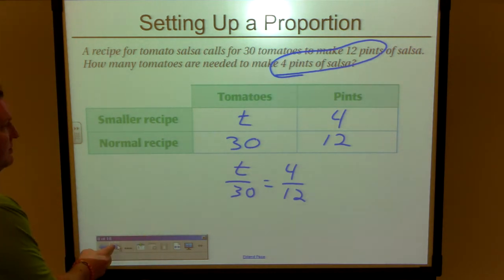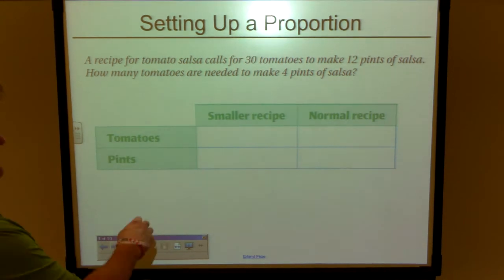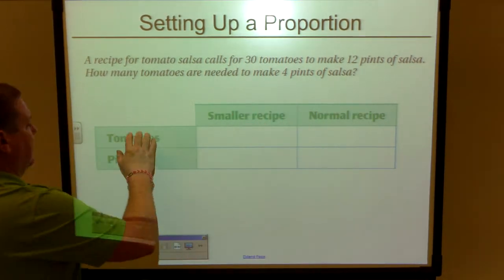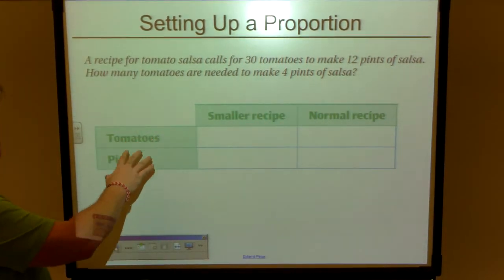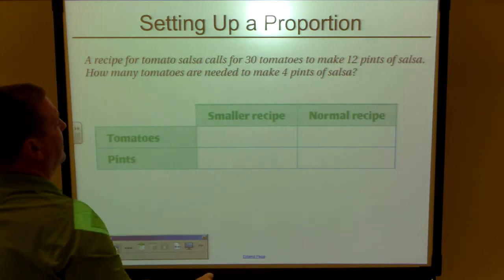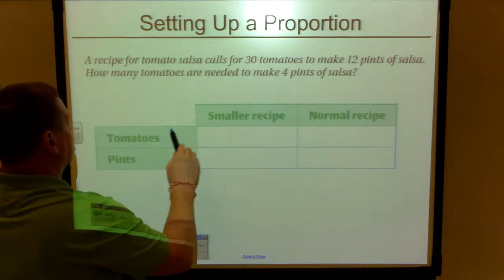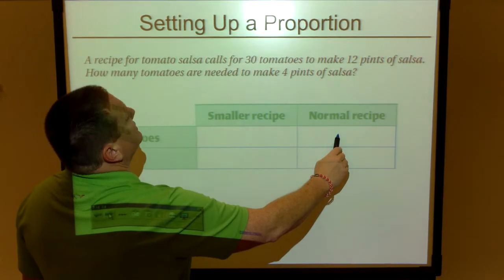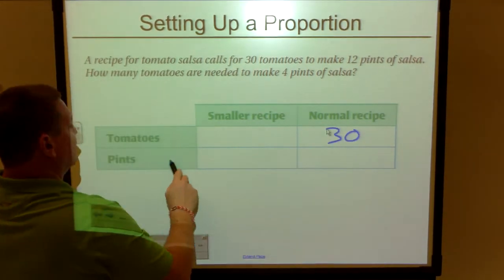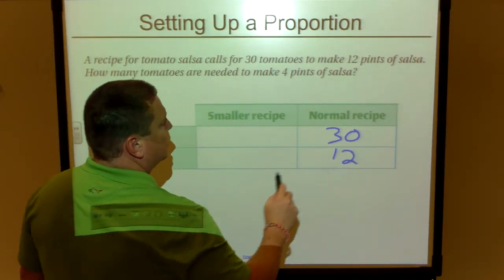The next page shows a similar one. The difference is they have the recipe this way and the tomatoes and the pints on the side instead. So let's go to the normal recipe. The tomatoes was 30 still, yep, 30, and the pints were 12.